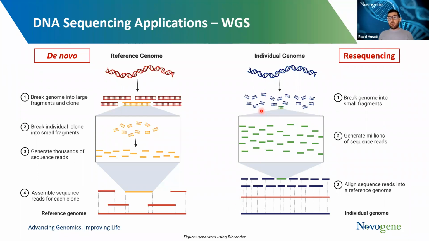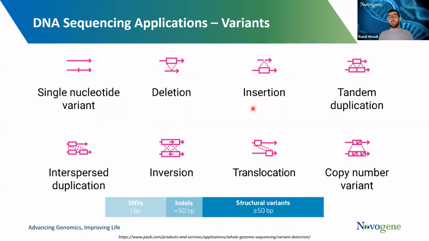Now, since we are talking about detecting variants and alterations of DNA sequencing, it is very important to know that variation within the DNA sequence can take one of different forms. It can be as simple as a single nucleotide variant, where a single nucleotide is affected, or it can be a deletion or an insertion, and those are commonly known as indels, and they are considered as indels as long as they affect less than 50 base pairs at once.